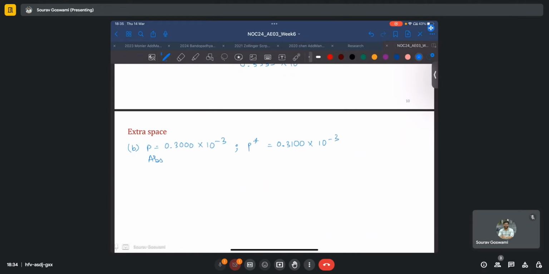Now again, the absolute error will equal the absolute difference between p and p star, which is 0.0100 into 10 power minus 3, or 0.0001, or for consistent notation, 0.1 into 10 power minus 4.